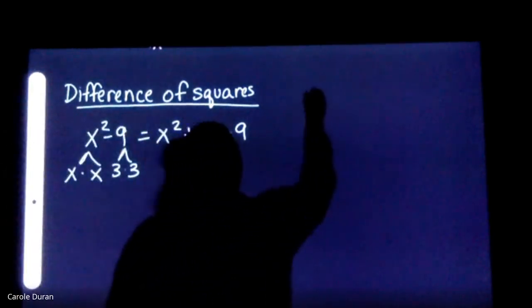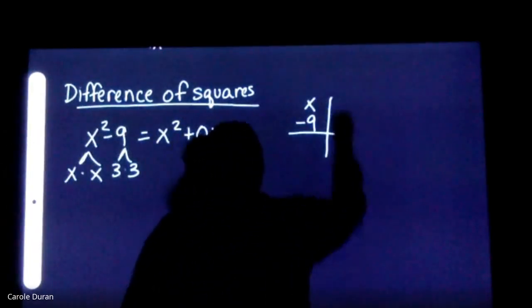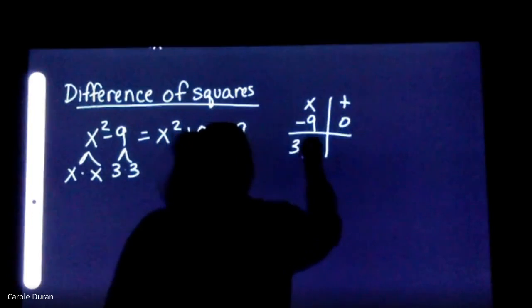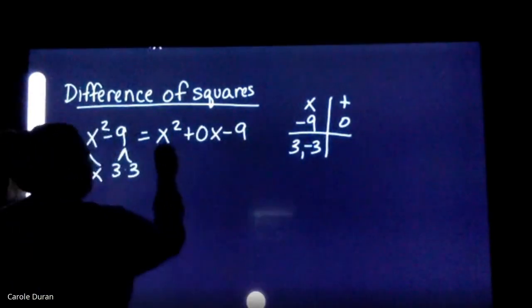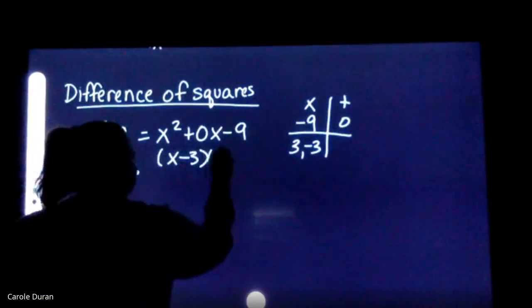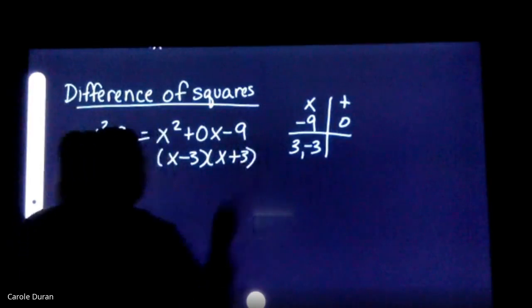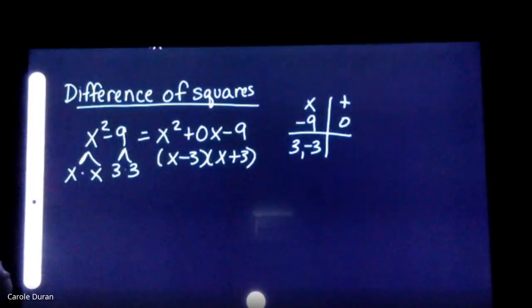So I'm probably looking at 3 and negative 3. What do you know? Those work. 3 times a negative 3 is negative 9. 3 plus a negative 3 is 0. So this factors into x minus 3, x plus 3.